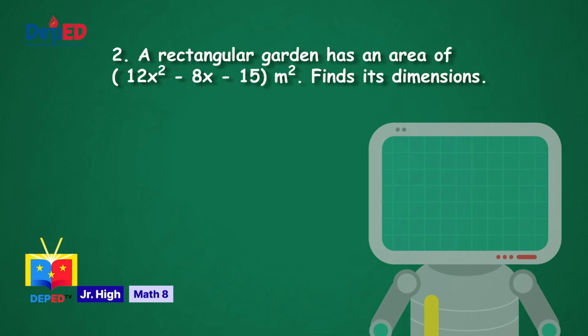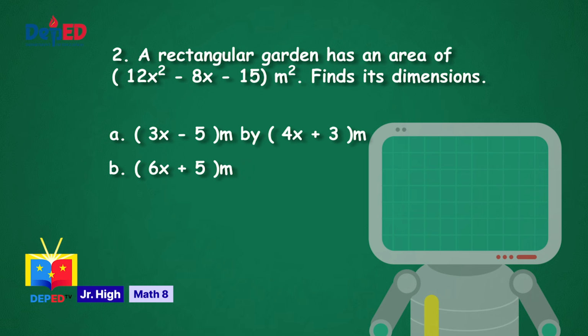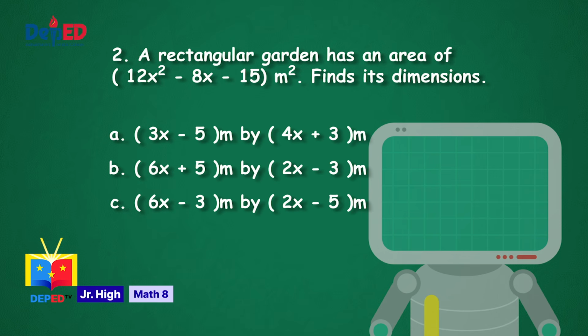Number 2, a rectangular garden has an area of 12x squared minus 8x minus 15 square meters. Find its dimensions. Is it A, 3x minus 5 meters by 4x plus 3 meters? Letter B, 6x plus 5 meters by 2x minus 3 meters? Letter C, 6x minus 3 meters by 2x minus 5 meters?